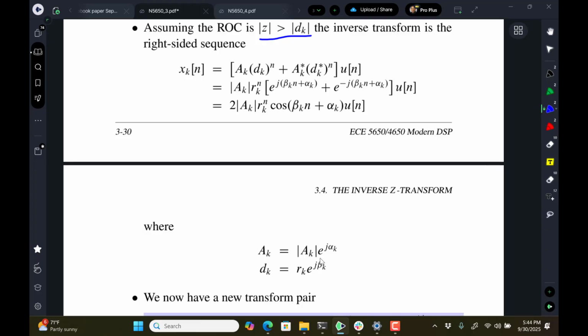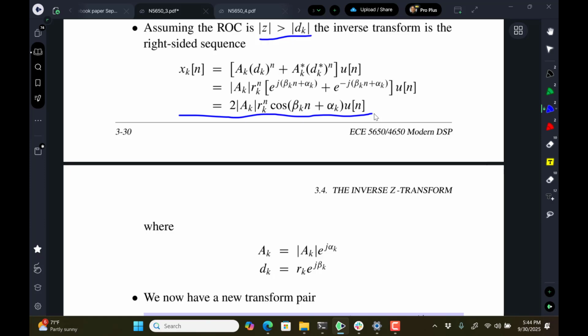This is the magnitude and angle of the Ak, and the magnitude and angle of the dk, and this is kind of the punchline right here. It's going to be an exponentially damped cosine. It's got a frequency beta k, which is the angle associated with the pole, and that kind of makes sense.